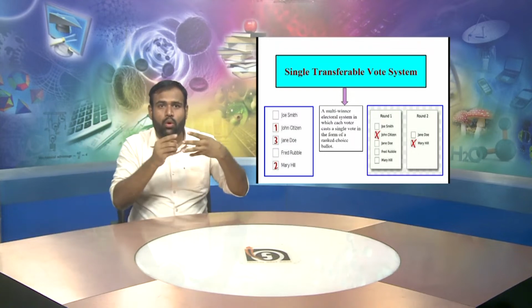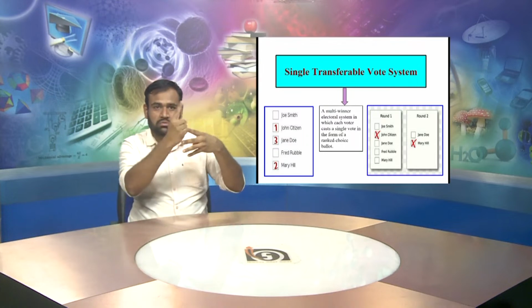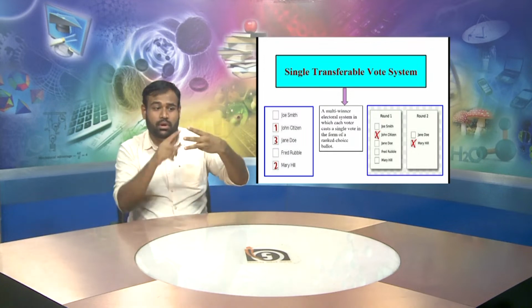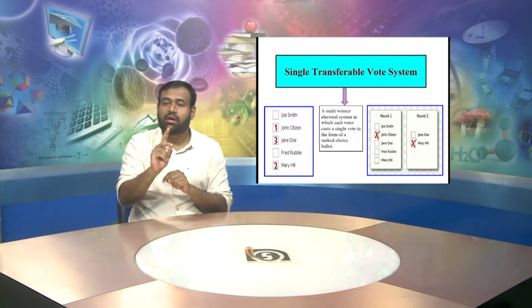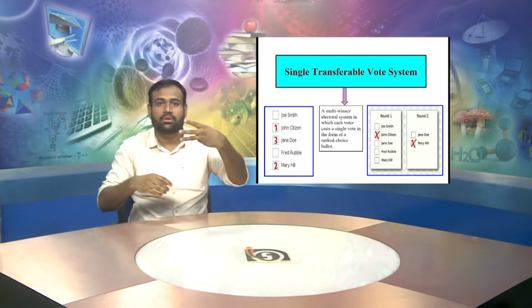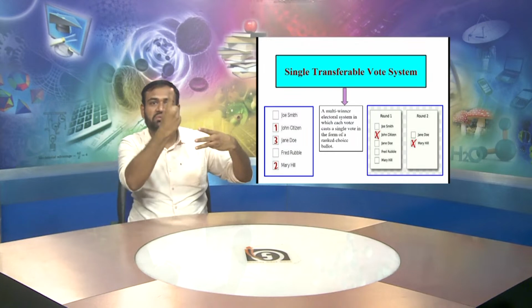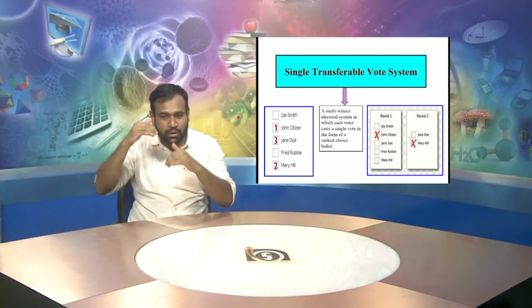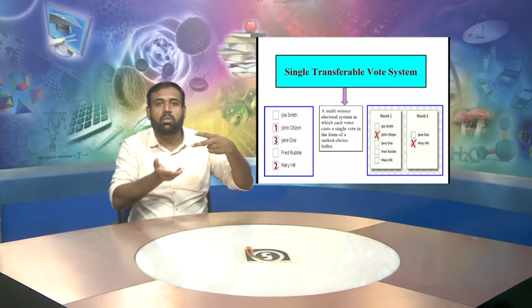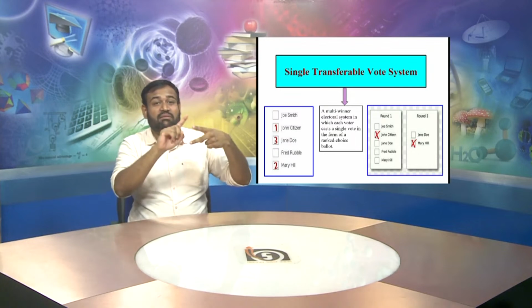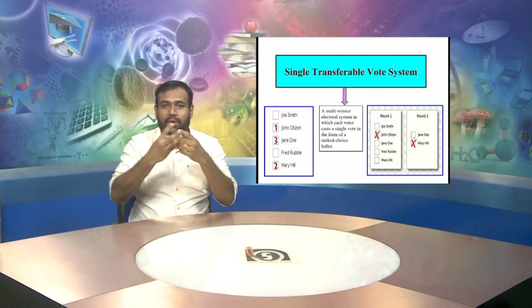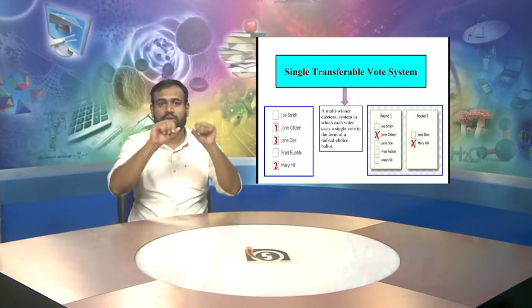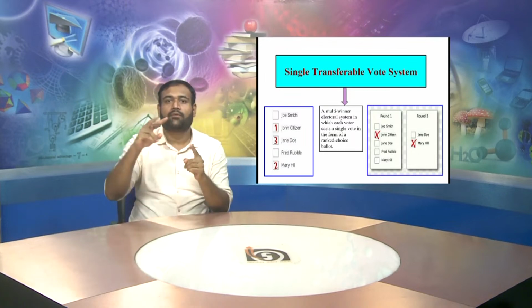In this, each voter gives a rank to a few of the candidates he or she wants to be chosen as the leader, and then all such votes together are counted and analyzed according to the single transferable vote system. So whoever has the larger number of votes is chosen and gets elected.